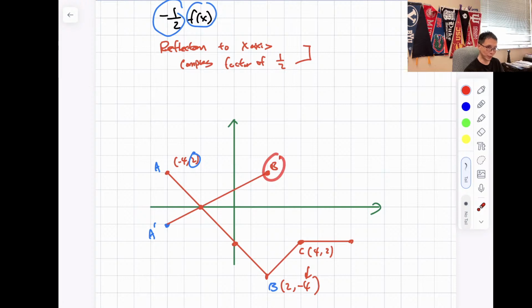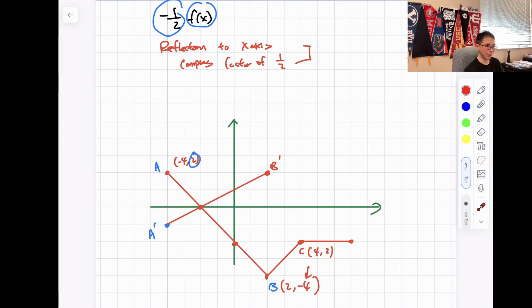What is the y value here? -4, right? And I'm gonna times by -1/2 because basically this is the output, this is the y value. So it'd be -4 times -1/2. So it becomes +2. So here it's gonna be 2, comma 2. Because the output becomes 2. But the x value did not change.